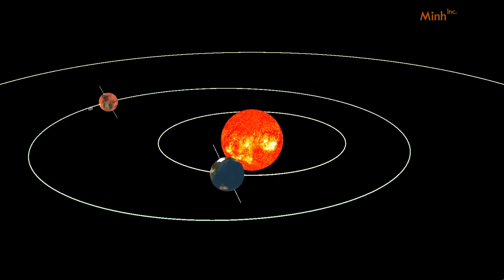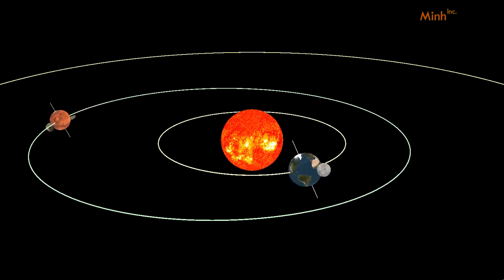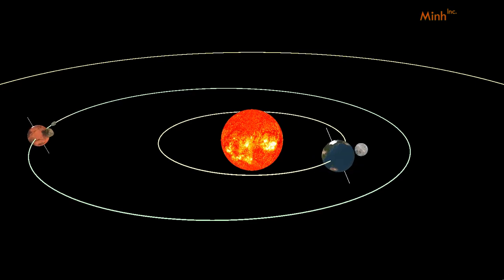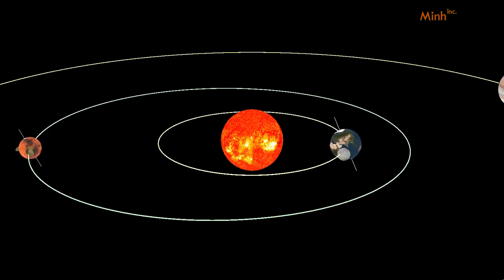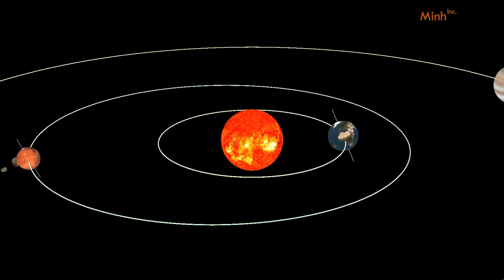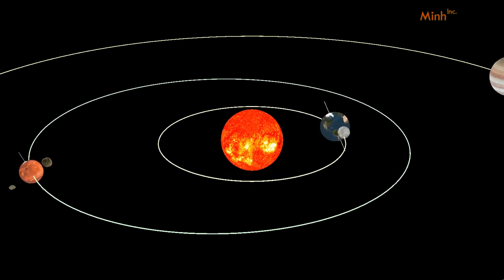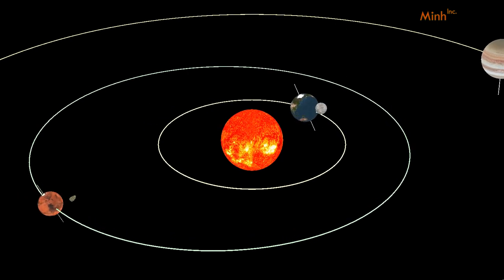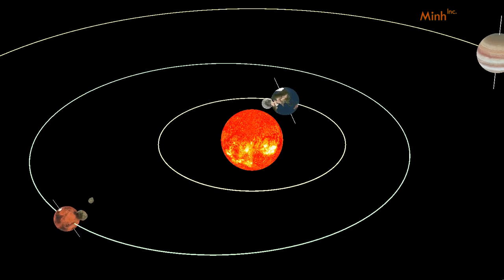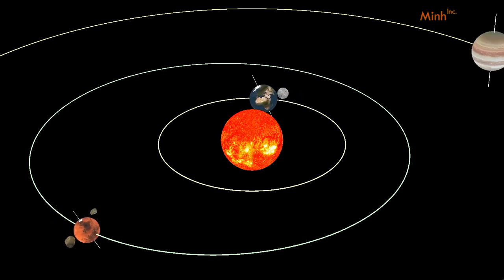Okay, so if we see closely where Earth is going and where Mars is going, now they are at almost maximum distance from each other. So this is one scenario. Okay, now if they come parallel to each other, then we can think their distance is minimum.